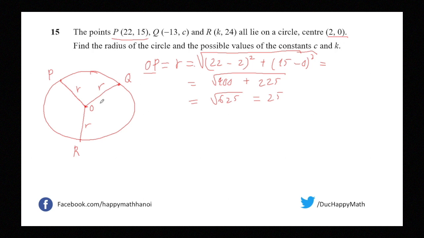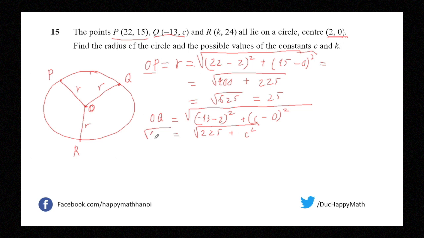So the radius is also equal to the distance between O and Q. How can you calculate OQ? Q here and O here: the square root of (minus 13 minus 2) squared plus (C minus 0) squared. So 15 squared is 225 plus C squared, equal to the square root of 625, because this one equals 25, the radius.